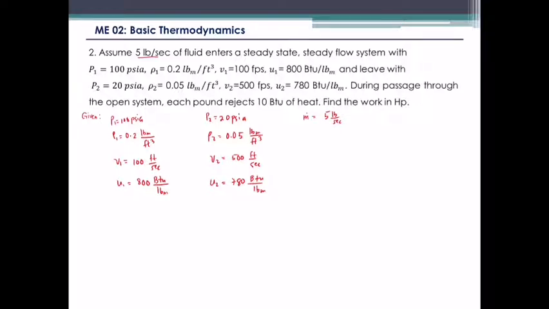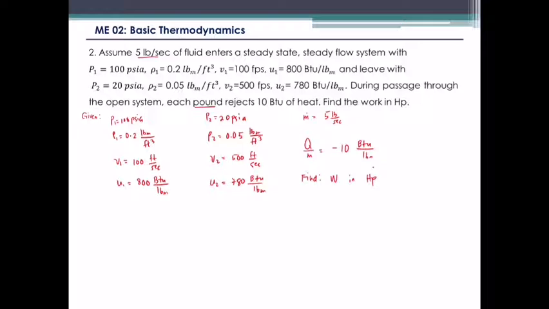Another one is the BTU of heat, and it is also per pound, so this is per unit mass. So it is negative because it rejects 10 BTU of heat per pound mass. Okay, so you are to find the work in horsepower unit.